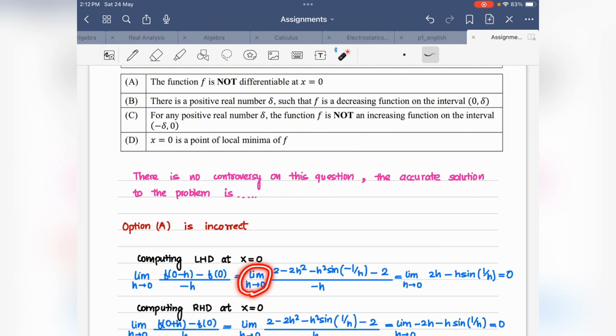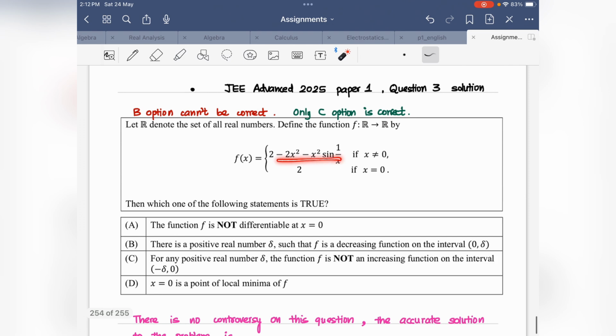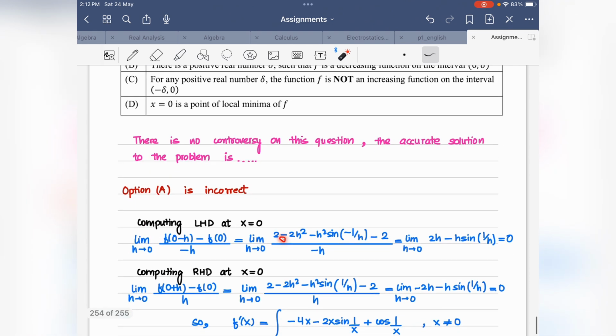Putting minus h instead of x in this function, I get 2 minus 2h square minus h square sine of minus 1 by h, and f0 is 2, divided by minus h. So the 2 cancels out, and one h cancels from these factors, giving 2h minus h sine of 1 by h. Because of this minus, there comes minus h sine 1 by h, and this limit goes to 0 when h goes to 0.